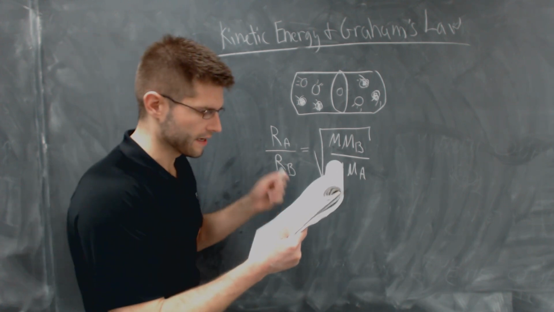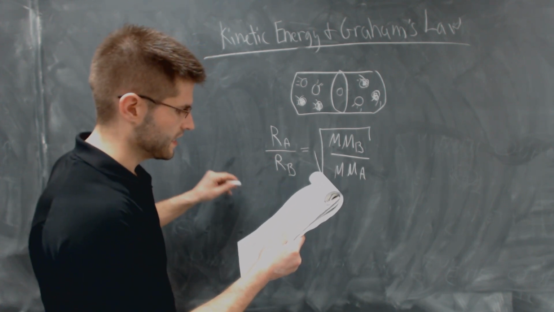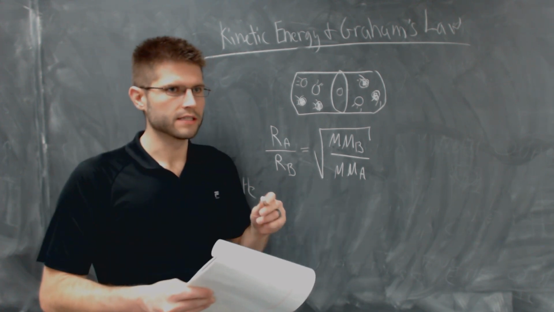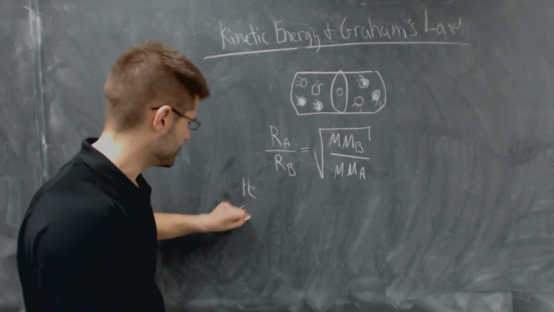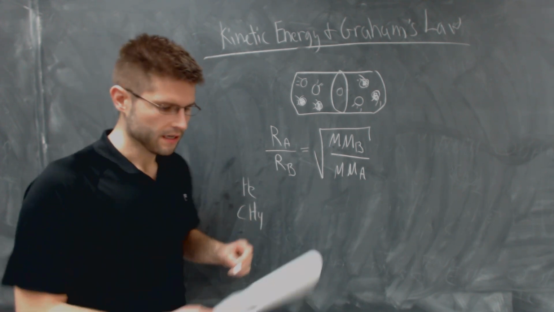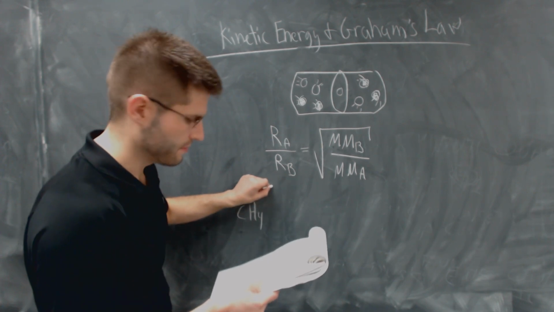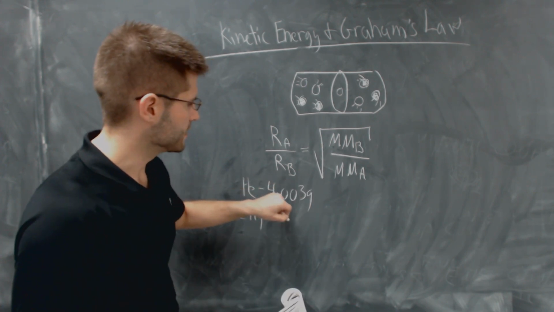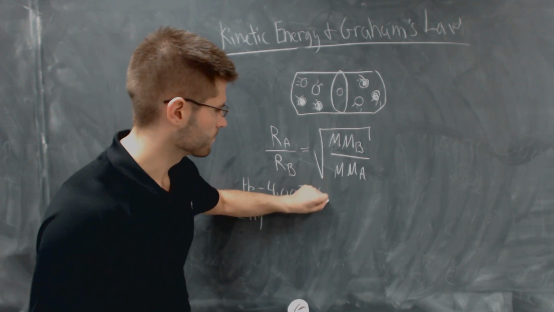Let's say we're taking helium, and then the other one is methane, CH4. We know helium's molar mass is found on the periodic table as 4.003 grams per mole.